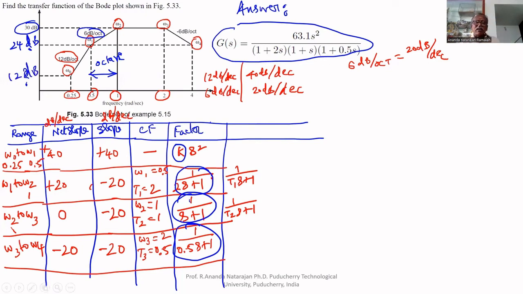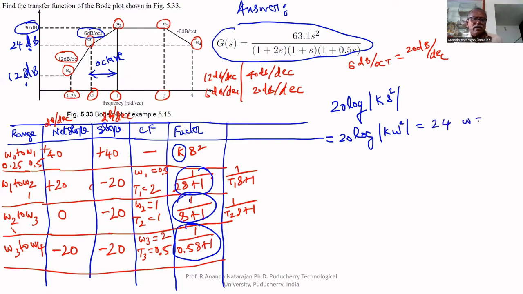So we know the values, and from that we can find K. Let us use omega 1 to find K. 20 log of modulus of K S square equals 20 log of K omega square equals 24, where omega equals 0.5. Therefore, 24 divided by 20 equals log of K times 0.5 square.